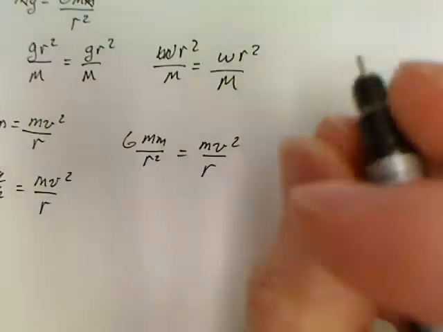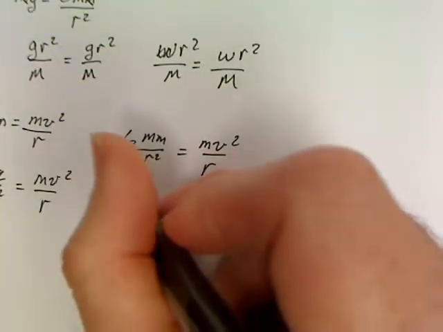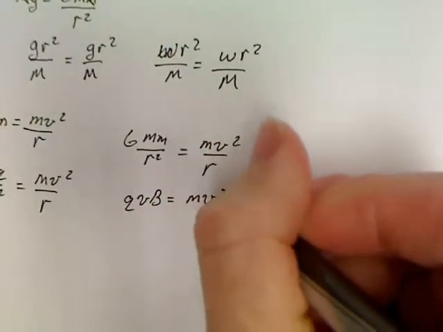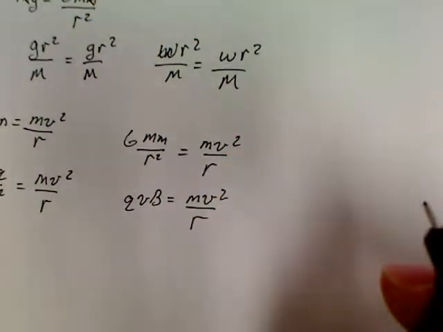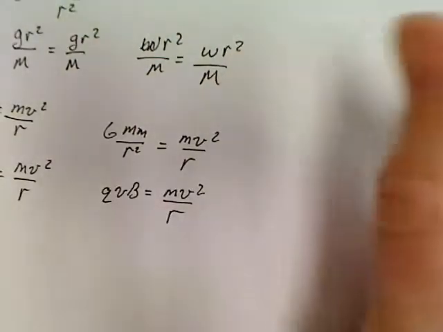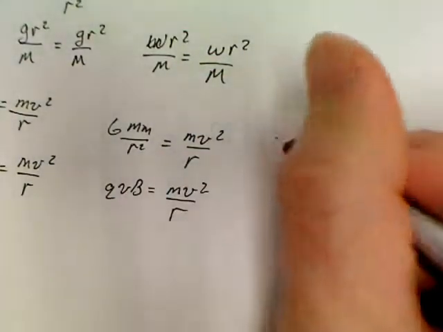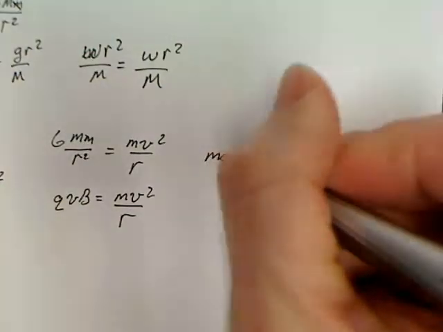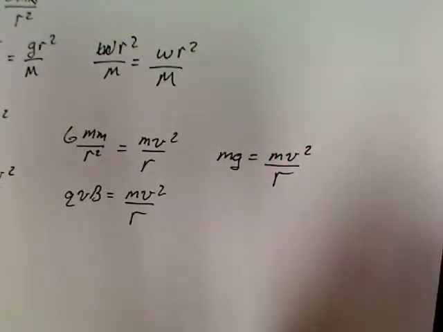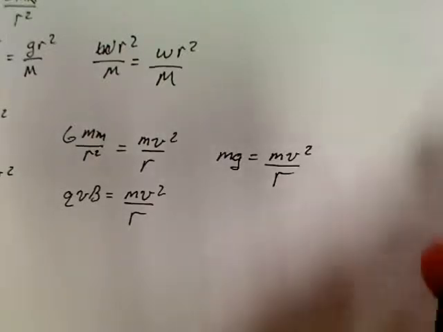Let's see, other things that can be equal to mv squared over r. qvB equals mv squared over r. I'm going to say that's the one most of you left off when you were doing this one. A bunch of y'all wrote F equals mv squared over r. Well, mv squared over r is F. That was just dumb. mg equals mv squared over r. So all 5 of those would be possible good equations for things that equal mv squared over r.